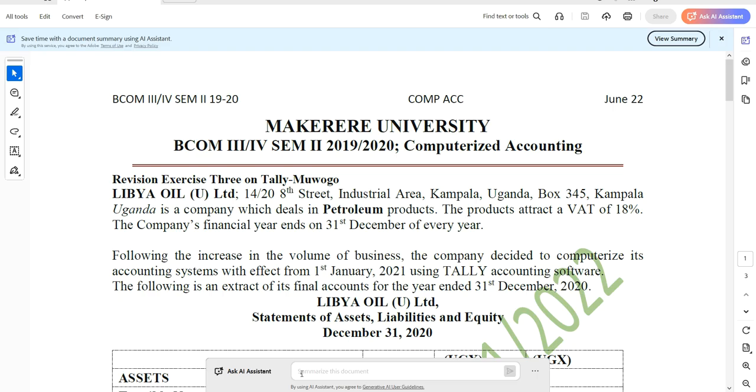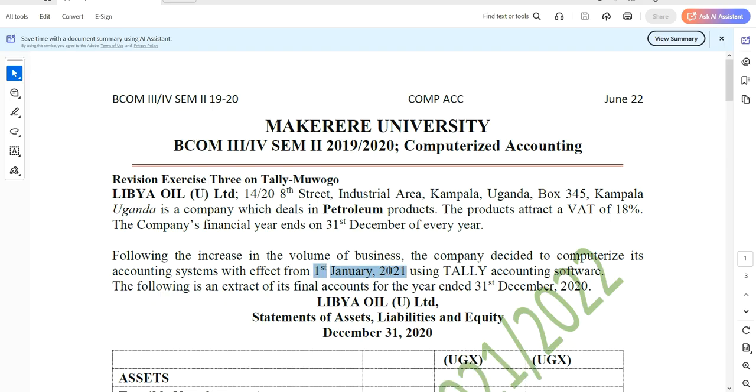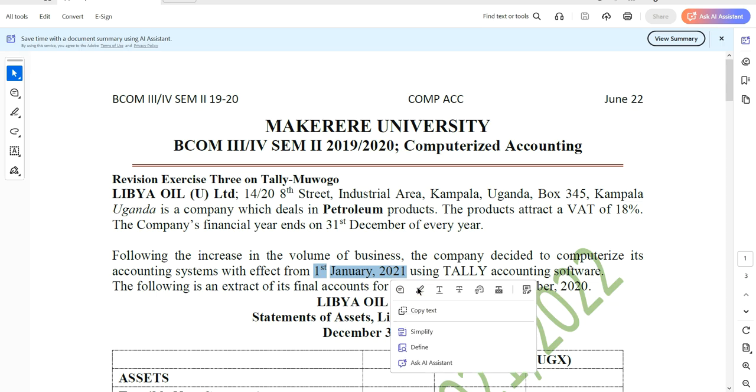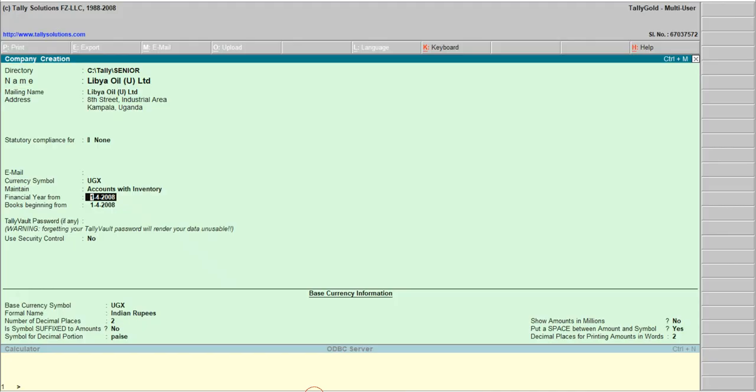Following the increase in the volume of business, the company decided to computerize its accounting systems with effect from 1st January 2021 using Tally accounting software. The following is an extract of its final accounts for the 31st December 2020. So meaning that the company decided to computerize its account system with effect from 1st January 2021. So this is our date. That's our date.